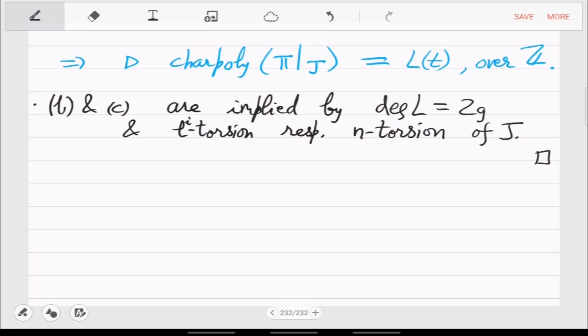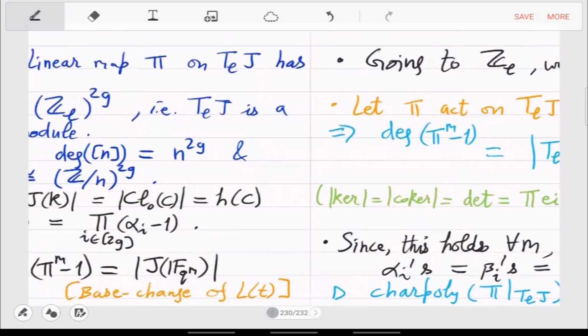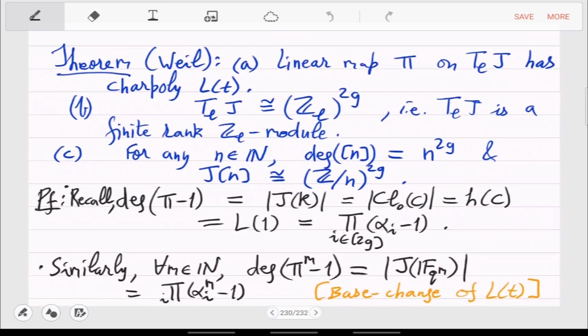Basically these L torsion, N torsion, they will be finitely many points. So the group that you are looking at is actually a finite group. What is the size of the group? What is the rank of the group? Those things basically come from the degree of the characteristic polynomial, that's 2g. So this immediately you get. The main thing is part A, that's an amazing result.